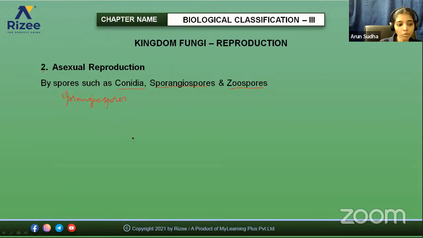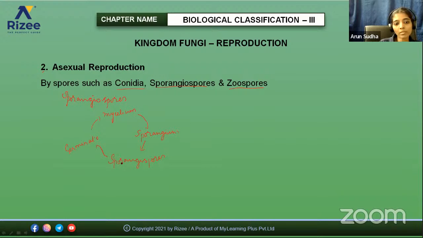They are formed from the sporangium. On germination, the spores germinate and form a mycelium. This mycelium then again forms sporangia.